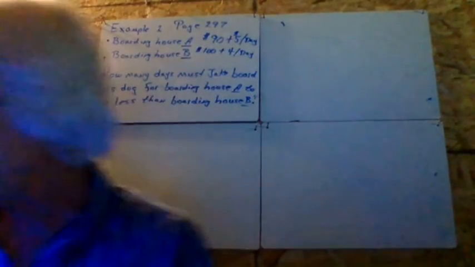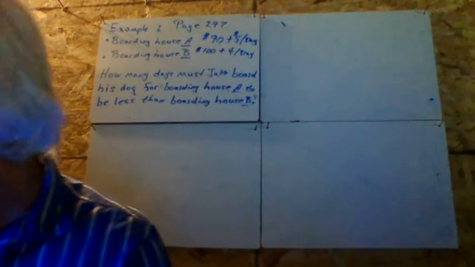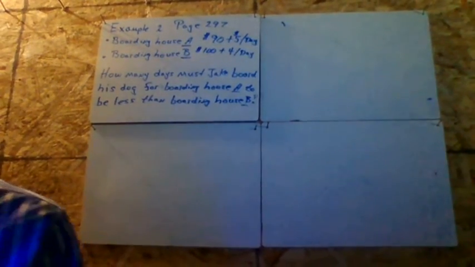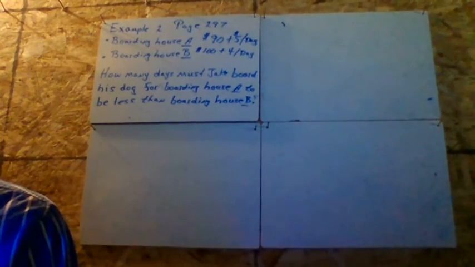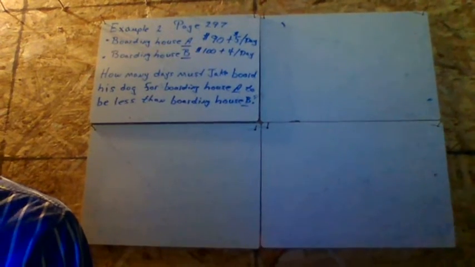So I'm just going to read the question to you first. Using inequalities to model and solve a problem. Jake plans to board his dog while he is away on vacation. Boarding house A charges $90 plus $5 per day.